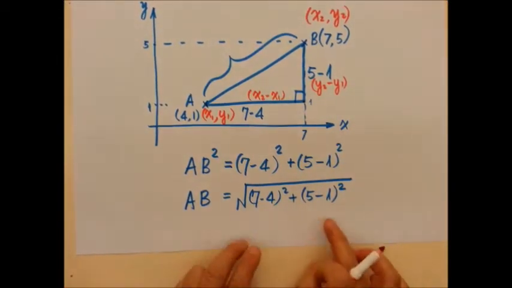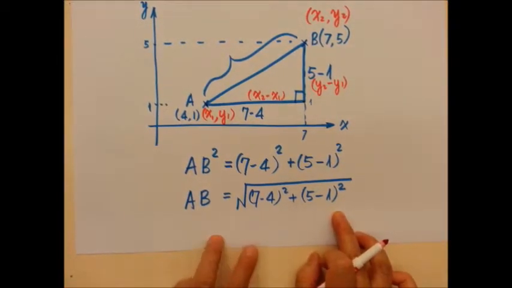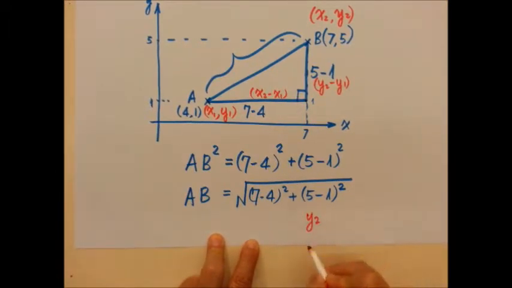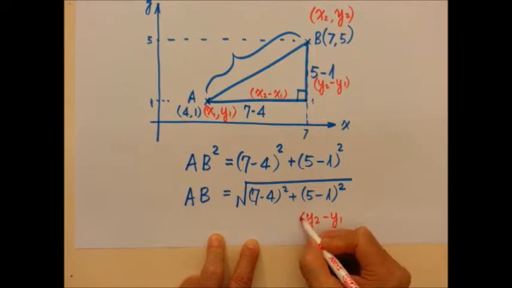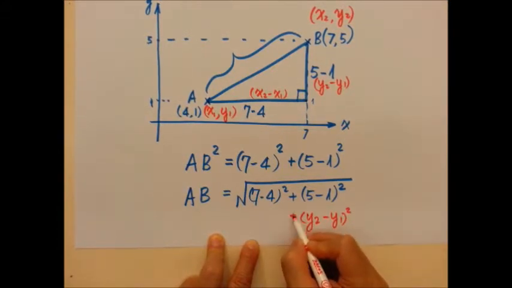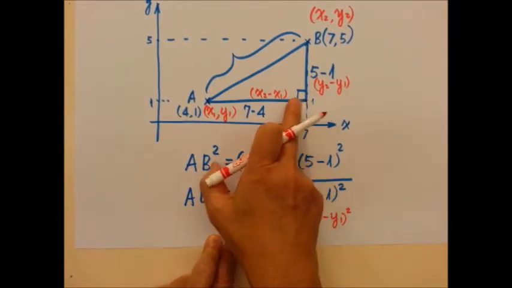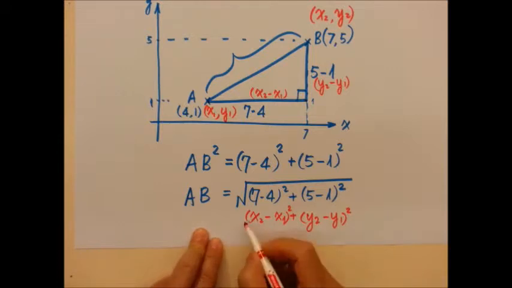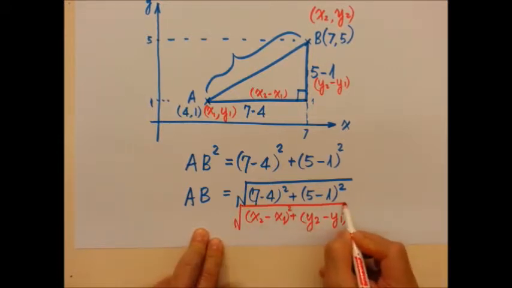So instead of this expression, we have y2 minus y1 square plus x2 minus x1 square. And then we take the square root like this.